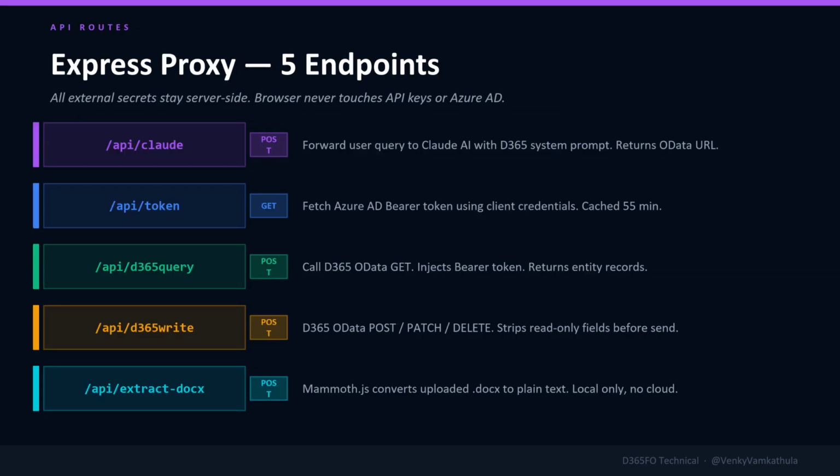The Express proxy has 5 endpoints: Claude API, token generation, D365 F&O query, D365 write, and at the same time document extraction.